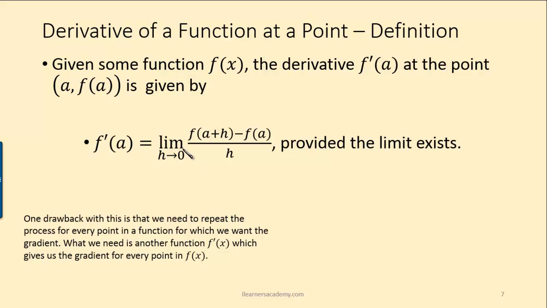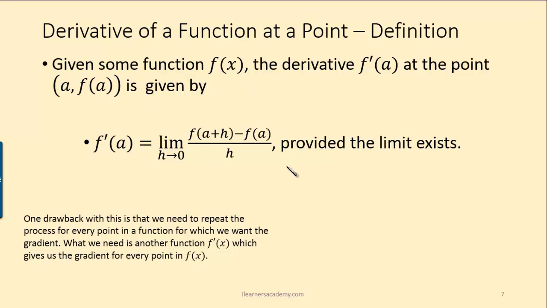Now this is going to be equal to the limit as h approaches 0 of this expression. Remember, this expression represents the gradient of the secant line, where this is the rise and this is the run. The rise is a change in the y values. So that's f of a plus h, and this is then f of a. And of course down here we have the run, which is simply h. And so this limit gives us f prime of a, the derivative of the function at x equal a.